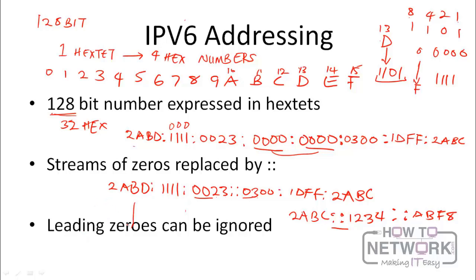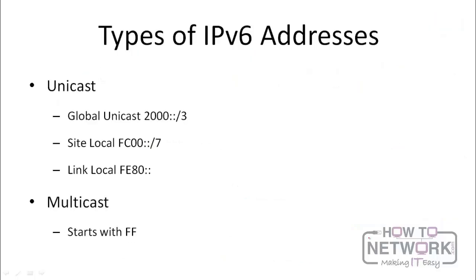So you can have this further reduced to 2ABD colon 1111 colon 23 colon 0 double colon 1DFF colon 2ABC. So that's one way to represent it. I would encourage you to take some time to practice IP version 6 addressing. Know how to reduce the expression of IP version 6 addresses, because it's likely that you can get questions on those in the exam.